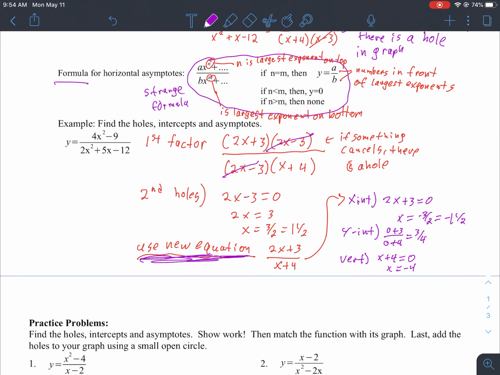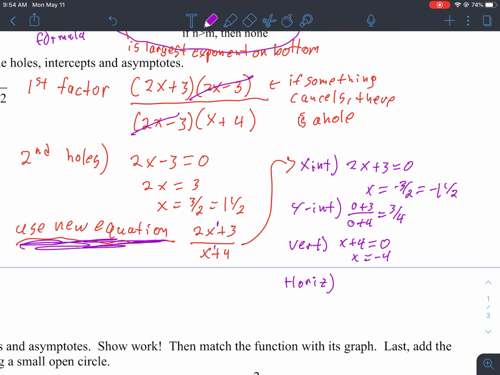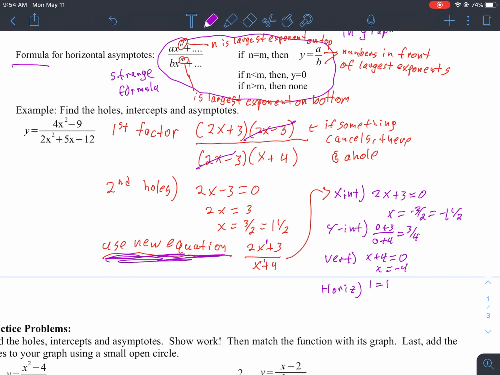And the horizontal asymptote is the strange formula. Okay, in the new equation, the exponent on the bottom, the largest one is a 1, and the largest one on the top is a 1. Our exponents that we're comparing are 1 and 1. 1 is equal to 1. The exponent on top is the n. n is equal to m.